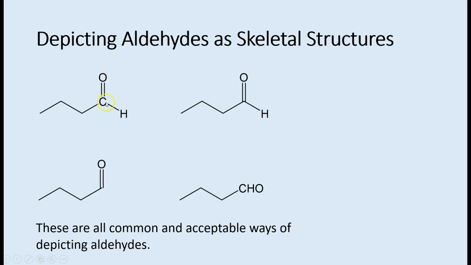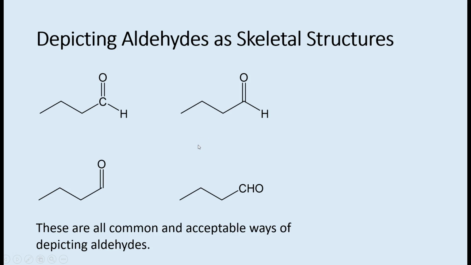We can draw the aldehyde, we can indicate the carbon of the carbonyl group and then the hydrogen attached. Or in more common skeletal structure drawing, we simply don't indicate the carbon, and of course it is implied that it is there. So this is probably the most common way that I would draw an aldehyde.